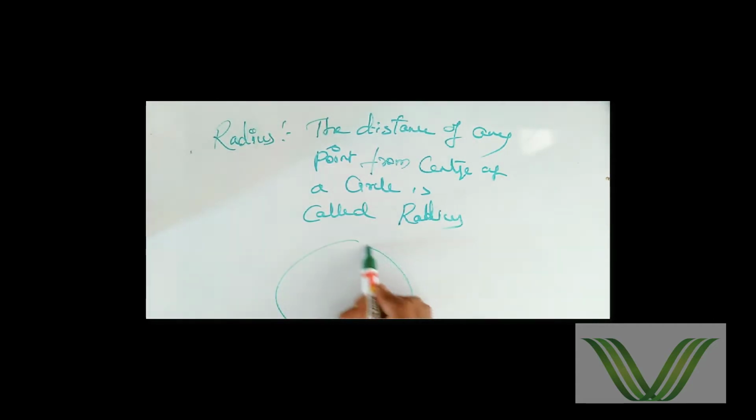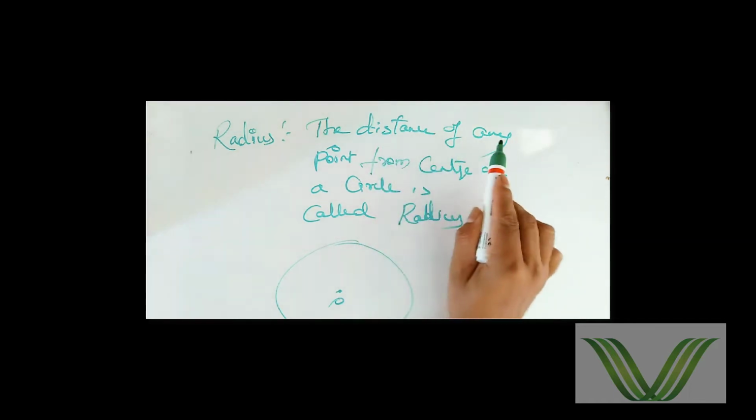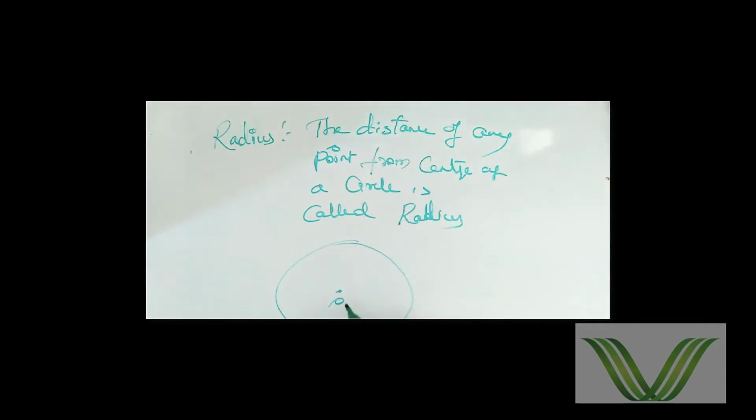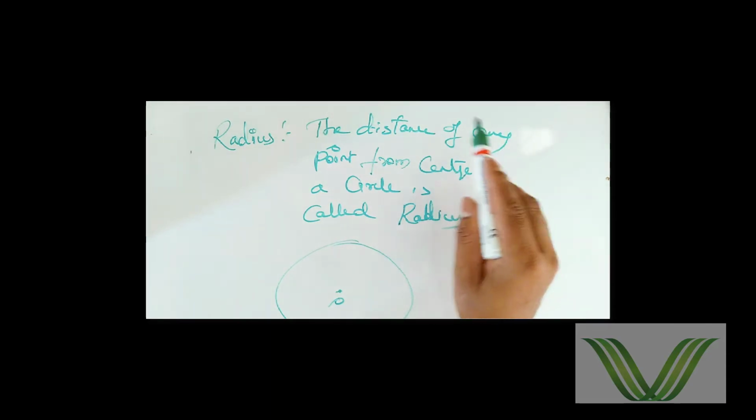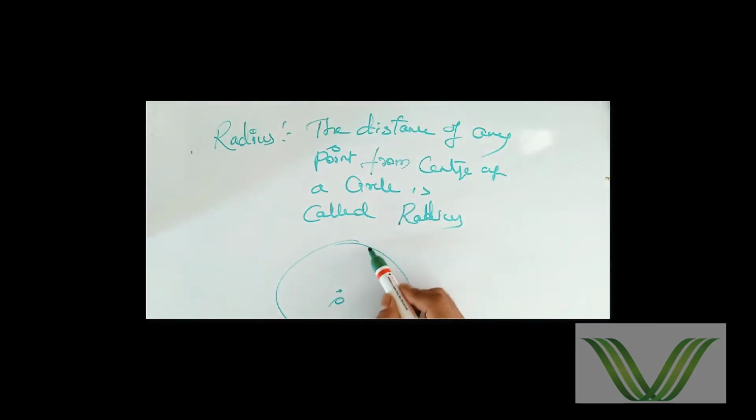So if this is a circle and this is the center of the circle O, the distance between any point and the center of the circle will be the radius, and it can be in any direction.